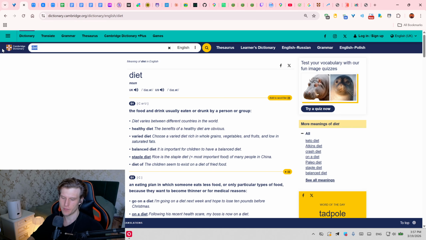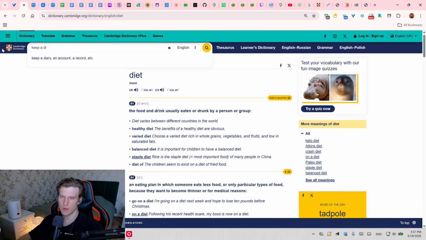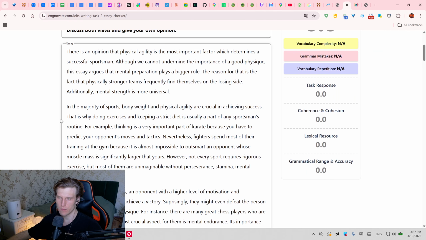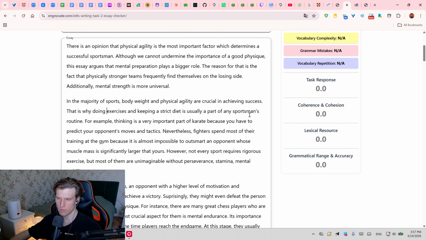For example, keep athlete. Yeah, is usually part of any athlete's routine.